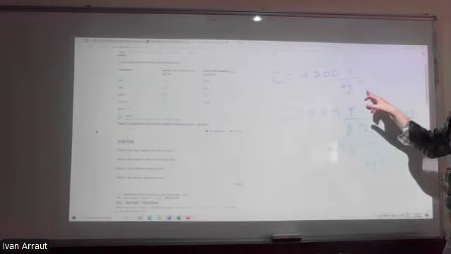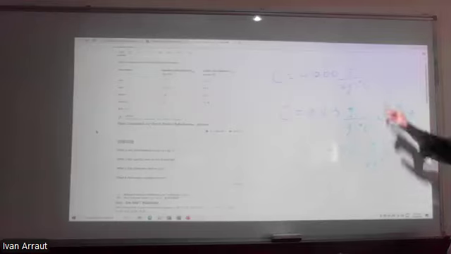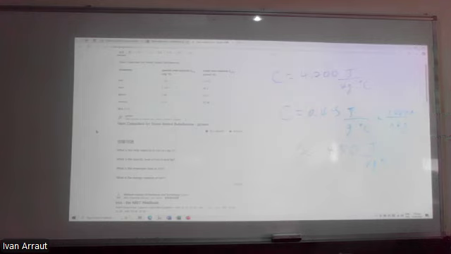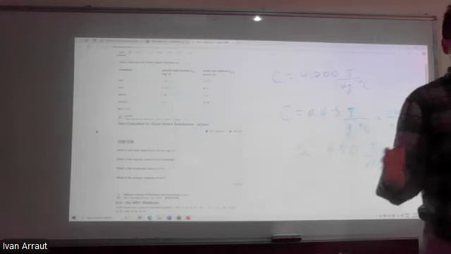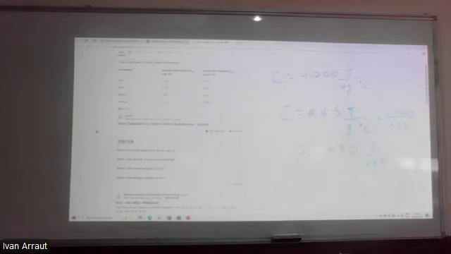I can tell you that it doesn't matter if this is in Kelvin or Celsius. It will be the same quantity, because the changes in temperature in Kelvins and Celsius are the same, and the heat capacities are defined with respect to changes in Celsius and Kelvins. That's the issue.